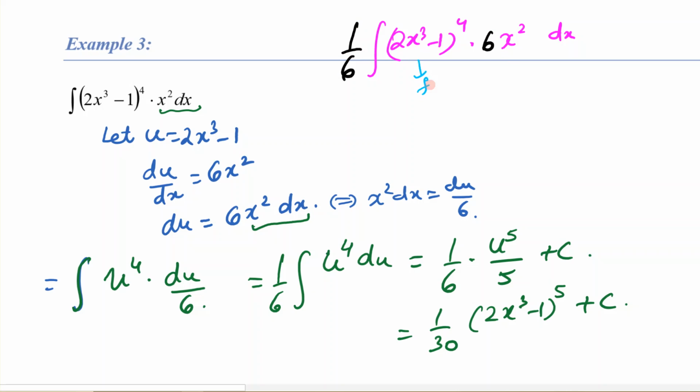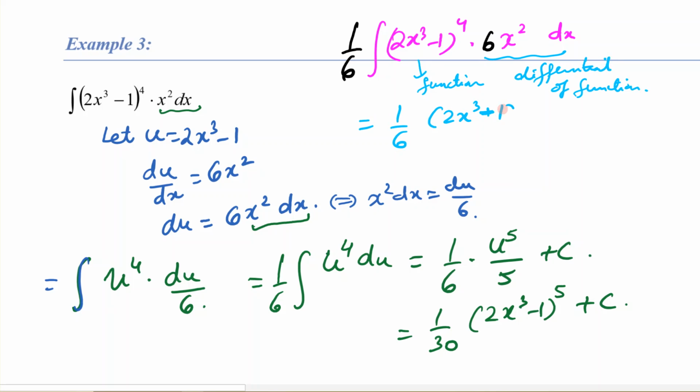So this is your function and this is your differential of the function. So our overall answer would be the function raised to one power more, so that is 5 over 5 plus c. Whatever method works for you, just go for that.